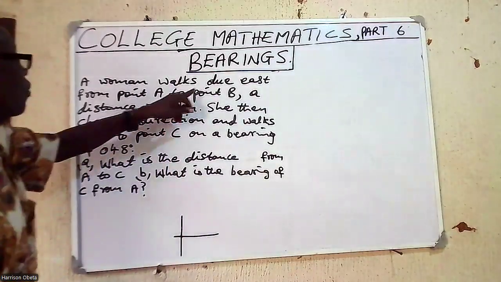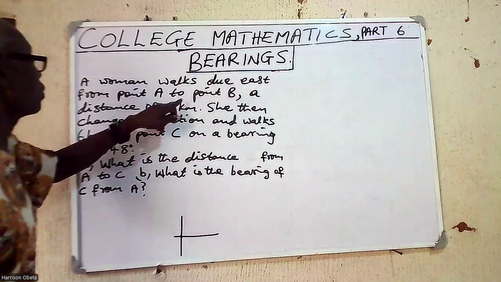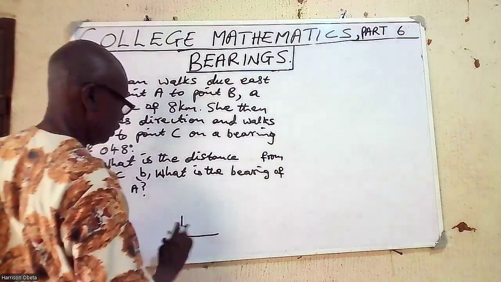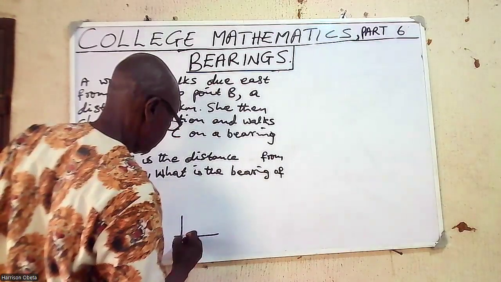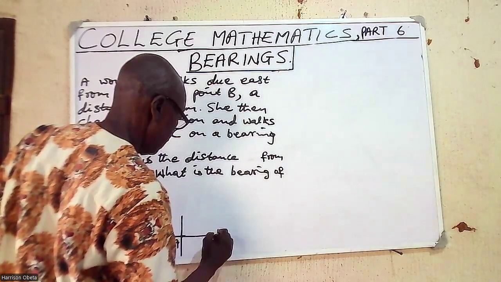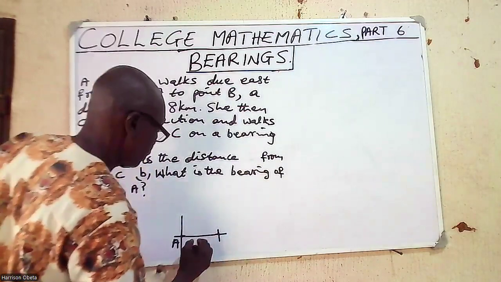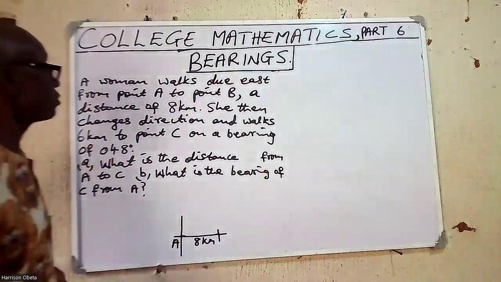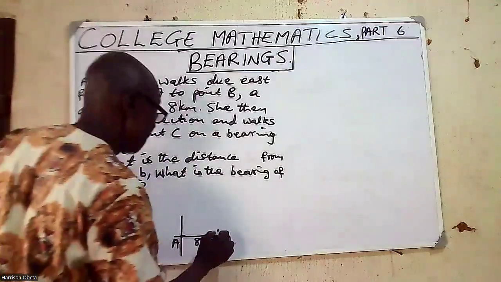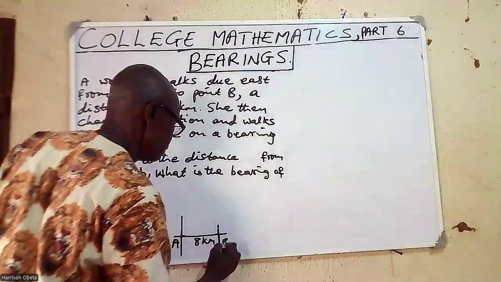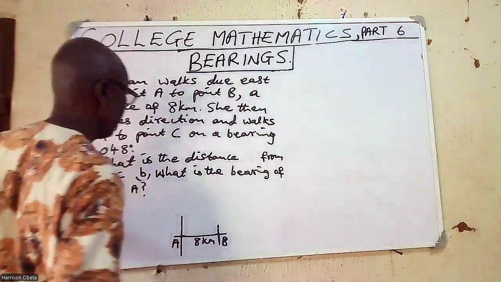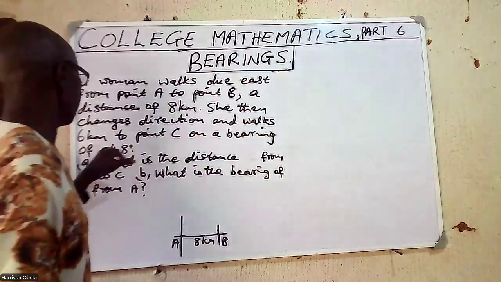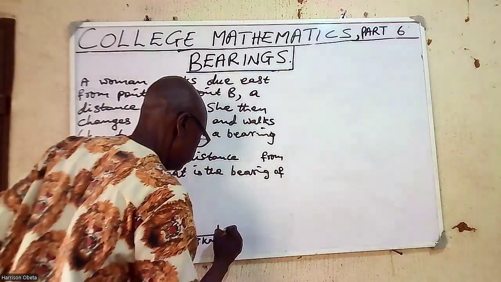Okay, we said the woman walks due east from A to B. So let us take this to be point A, due east to the right. Let us take this to be the end point, 8 kilometers. Then at B, we decided to change direction and walk 6 kilometers to point C on a bearing of this.